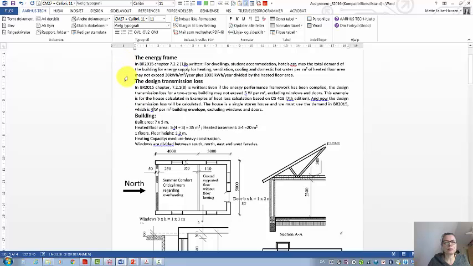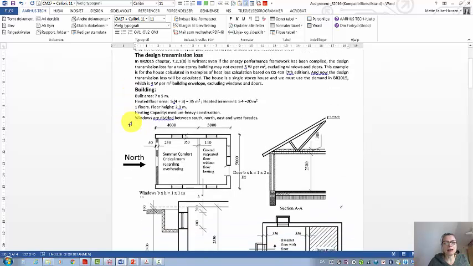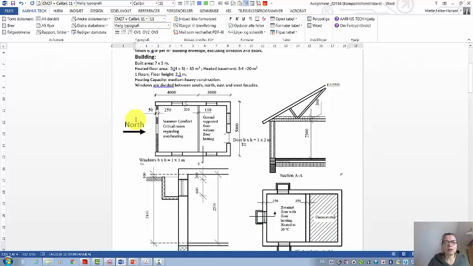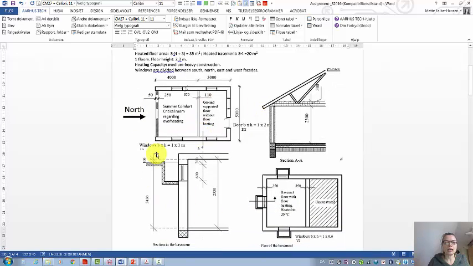It's from BE15, and I also have about the design transmission loss, what that is, and then you can see here about the building, how big it is, the heat capacity, and how the house is looking. North is in this direction here. That means this over here is the north facade.